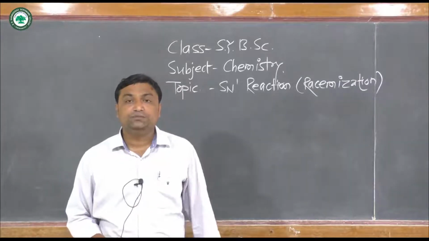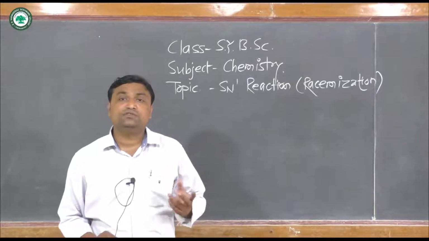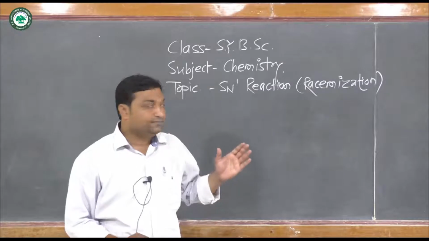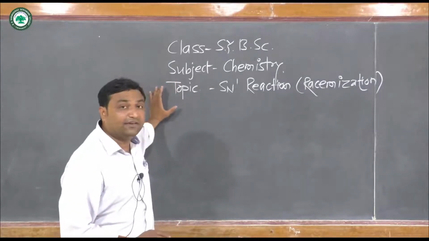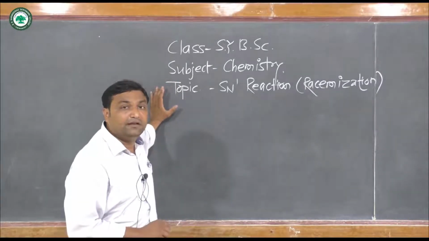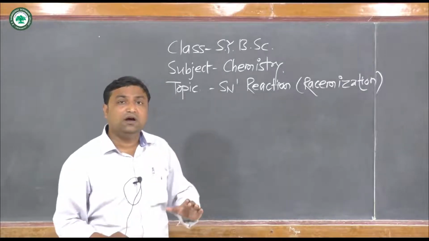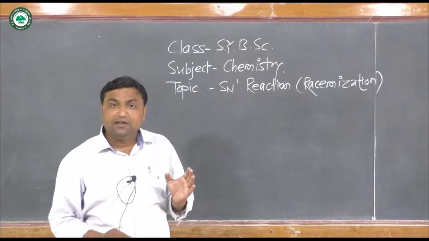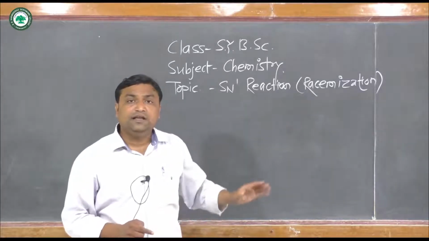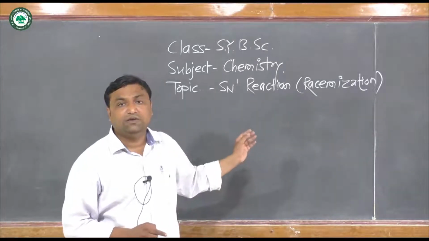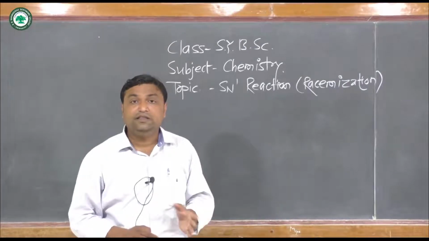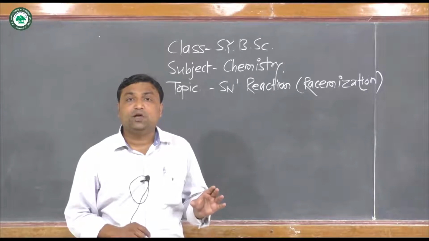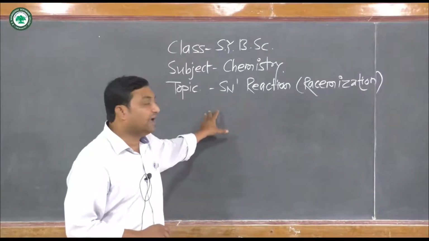If we choose an optically active substrate for the reaction, then we obtain a pair of enantiomers as a product. That concept is nothing but the stereochemistry of the SN1 reaction. Now, in this particular lecture, we have to study the stereochemistry of the SN1 reaction.